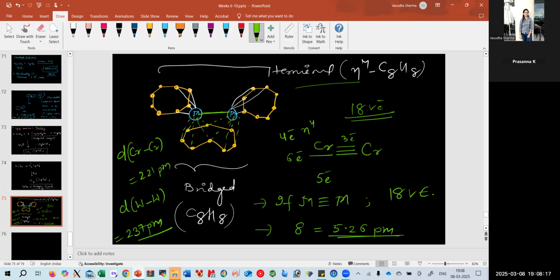The terminal ones would occur as an eta 4. All the 8 centers would participate in the bridging, giving 5 electrons to each center, making the 18 valence electron configuration. Right?